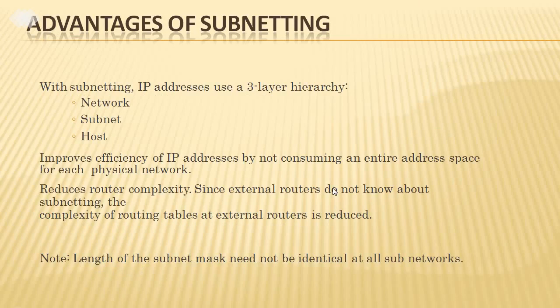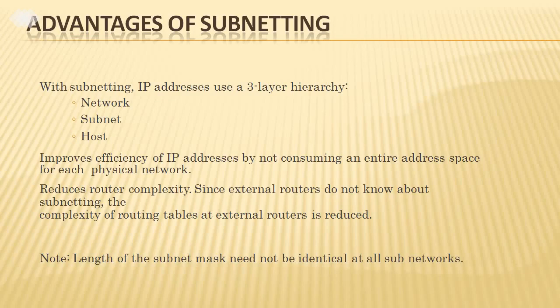Some advantages of subnetting are that it consists of 3 layers of hierarchy, which include network, subnet and host. On the basis of subnetting, it improves the efficiency of IP addresses by not consuming an entire address space for each physical network. It also reduces router complexity.